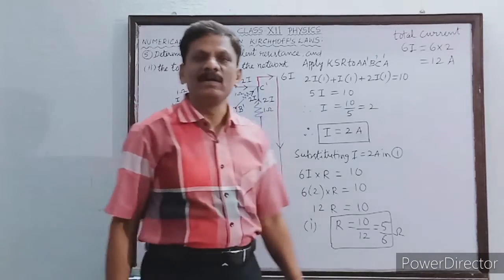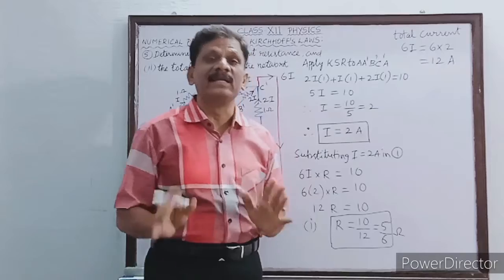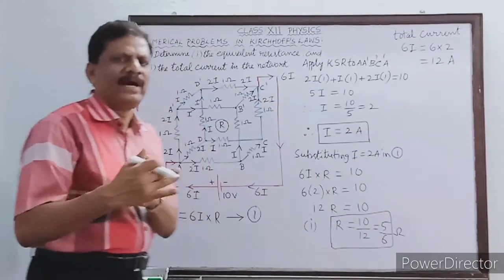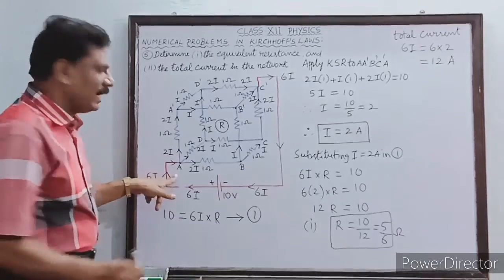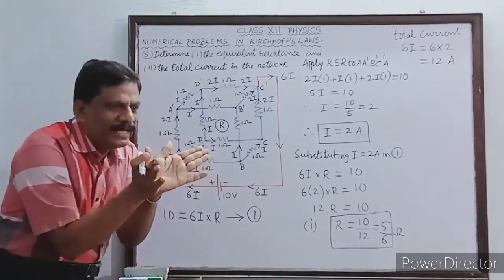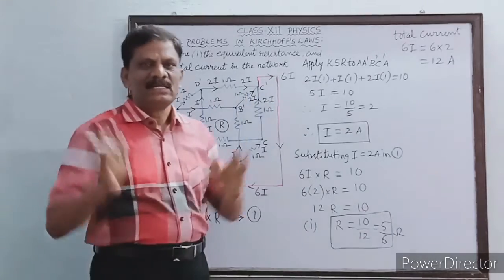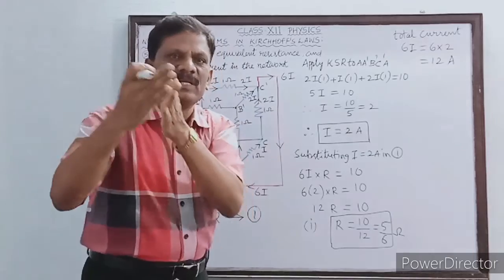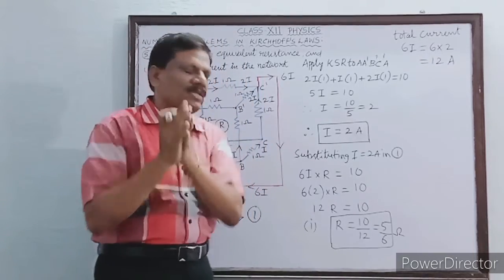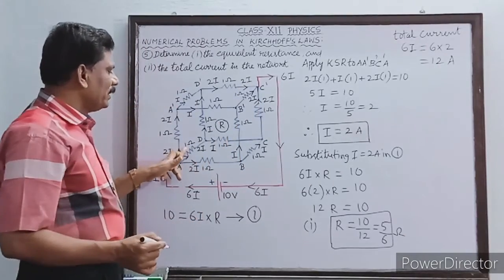Have you all understood? You have to draw the circuit and practice again and again. One shortcut I will tell you, my dear students. The starting point of the junction is A, and here the current will divide as 2I, 2I and 2I. Similarly, at the ending point junction C dash, the current will converge as 2I, 2I and 2I. So at these two corner points, diagonally opposite, you first write 2I, 2I and 2I.